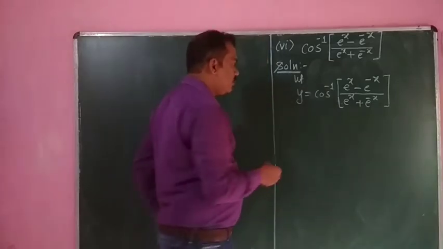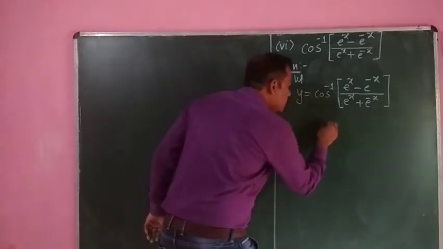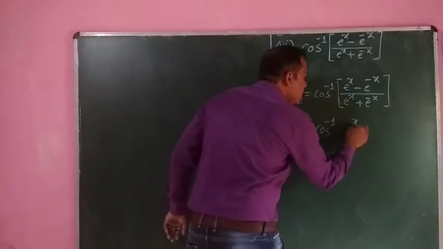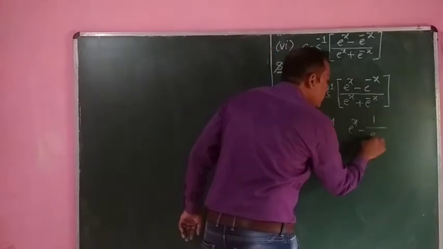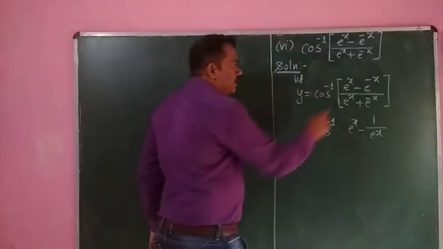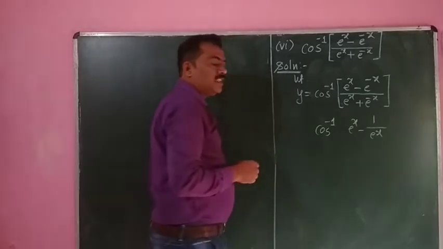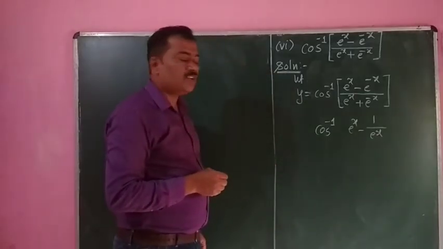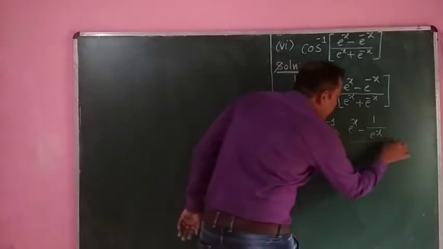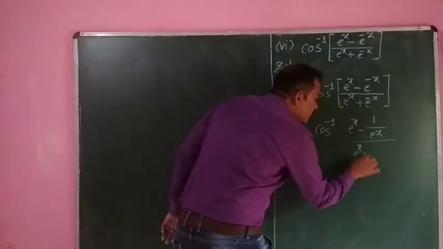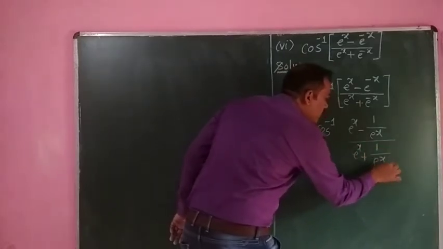So we get cos inverse of (e^x minus 1 upon e^x), since e^(-x) is nothing but 1 upon e^x by the laws of indices, divided by (e^x plus 1 upon e^x).